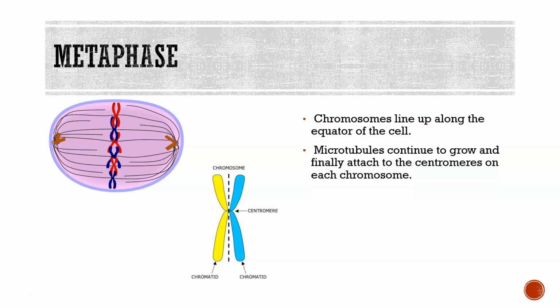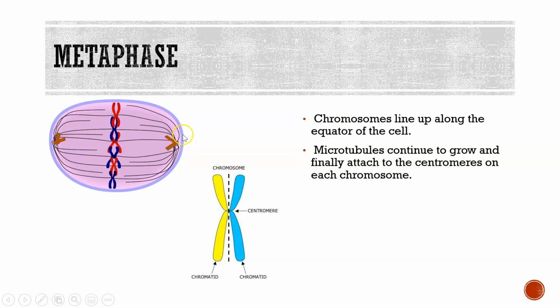The microtubules continue to grow and finally attach to the chromatids, or half a chromosome, called a chromatid. The little legs are called the chromatids. The microtubules come out, attach to the centromere in the centre, and are going to eventually pull this chromosome apart.